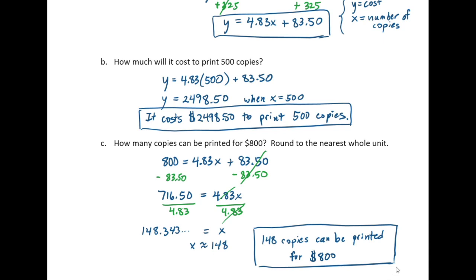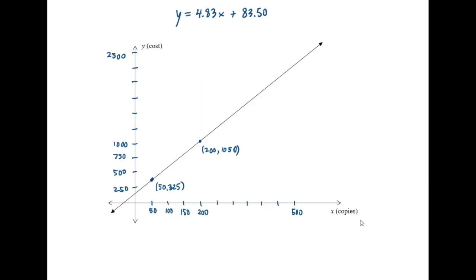Let's end by taking a quick look at the graph of this equation, or this model. Here I've got a coordinate system with the x-axis for the number of copies and the y-axis for the cost. I used increments of 50 on the x-axis to accommodate all the x-coordinates in our ordered pairs, and I used increments of 250 on the y-axis to accommodate all the y-coordinates in our ordered pairs.